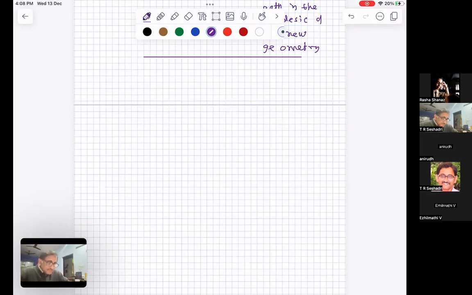Now comes the major, what I would call a hypothesis, which Einstein made. We have said everything about particle mechanics. Now Einstein made the first guess. He said that maybe not only laws of mechanics are the same in the presence of gravity, all laws of physics are the same in the presence of gravity.